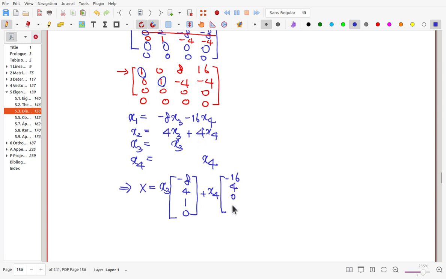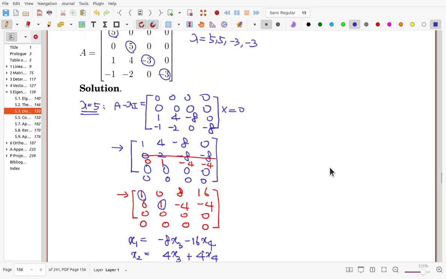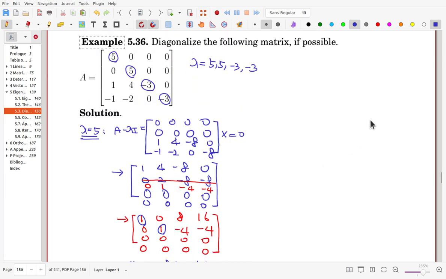So we found 2 linearly independent eigenvectors. Now how about for lambda is minus 3?